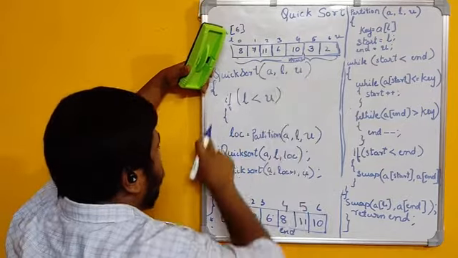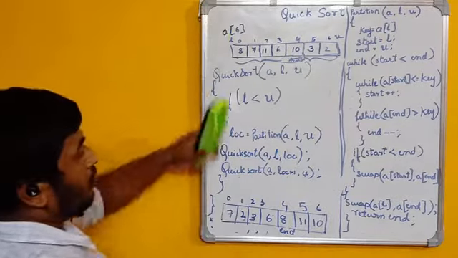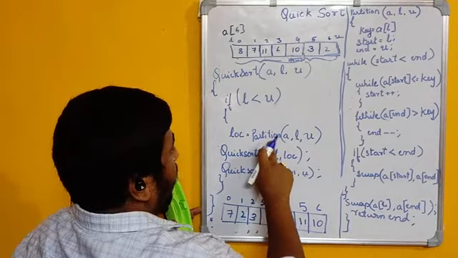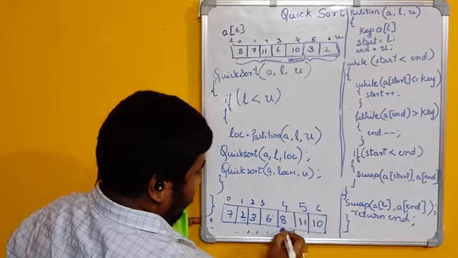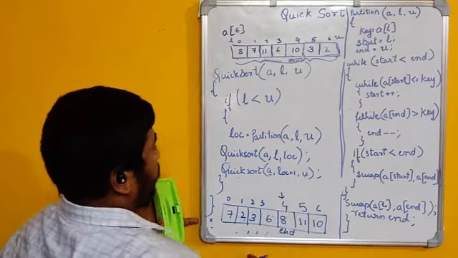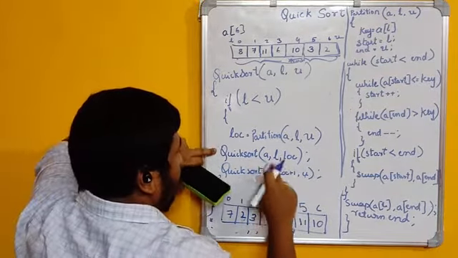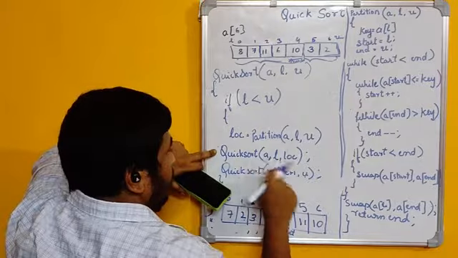So this function will be called. Again partition is called. What will partition return? It will return end. End is 4 here. Again with that value we will call quick sort recursively. Again A, L, location.